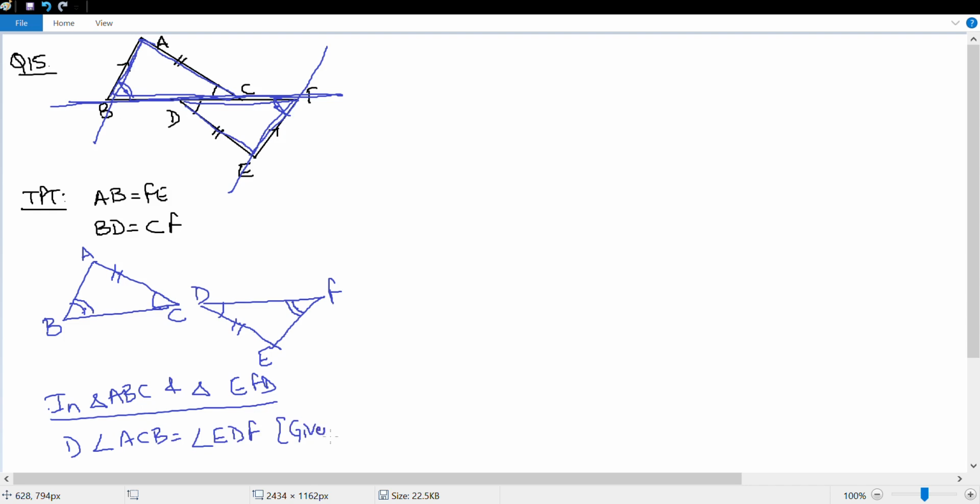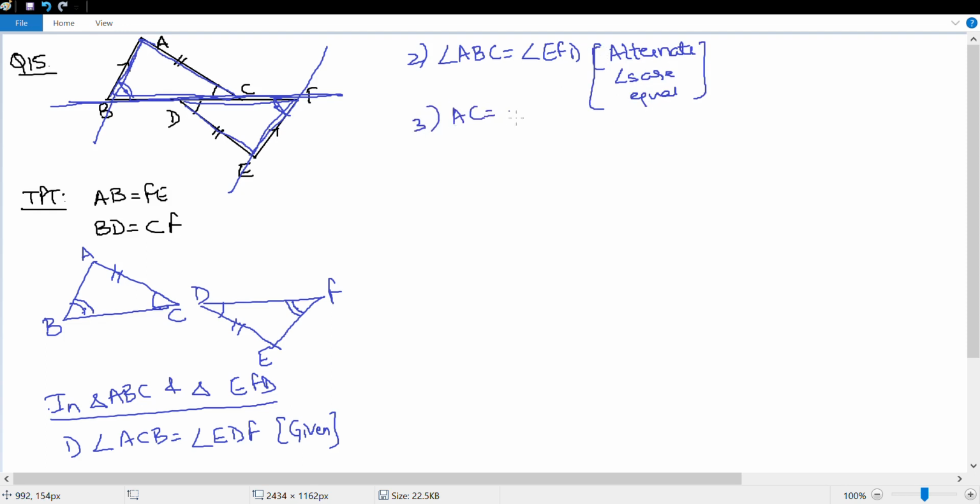Number 2, the next angle we've taken is angle B equal to angle F, which is angle ABC equal to angle EFD. Why? These are alternate angles. Alternate angles are equal. And number 3 would be AC is equal to DE. This is given.